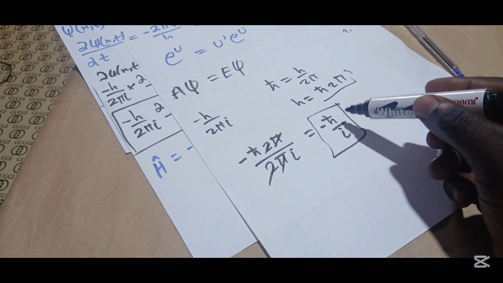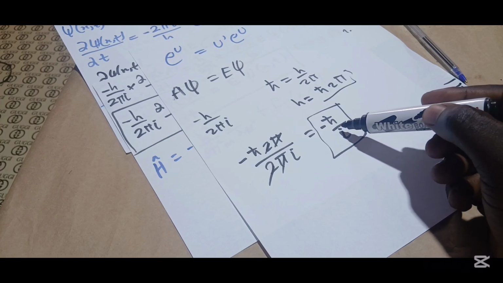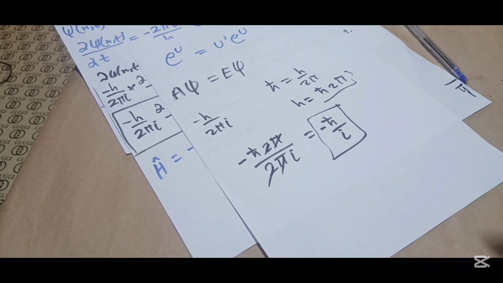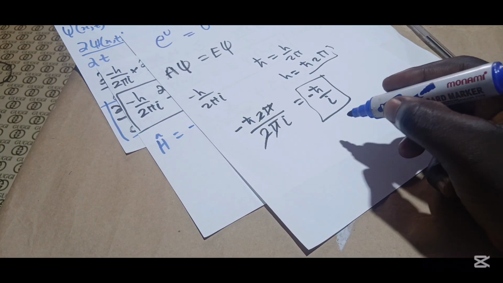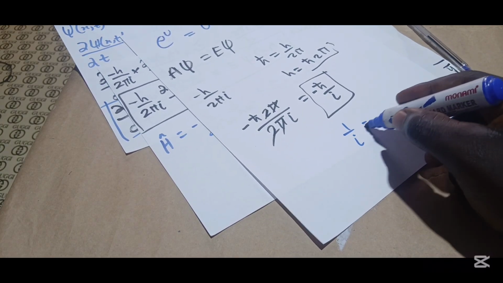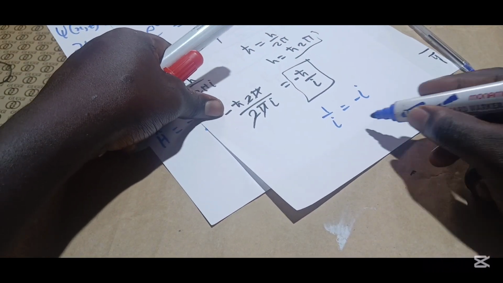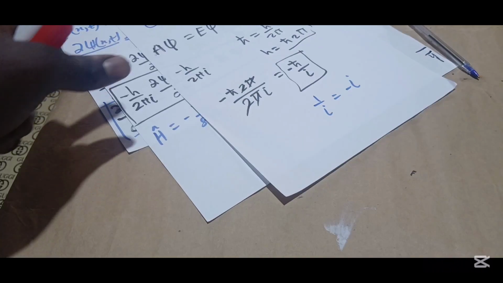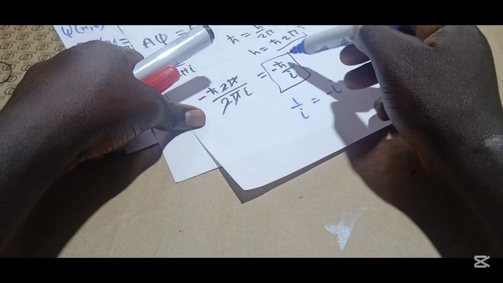However, there can be some mathematical deduction for these two forms involving i. One of the relations of i that you need to know is that 1 over i equals minus i. And you should know that. So if 1 over i is equal to minus i, let's work on this here.